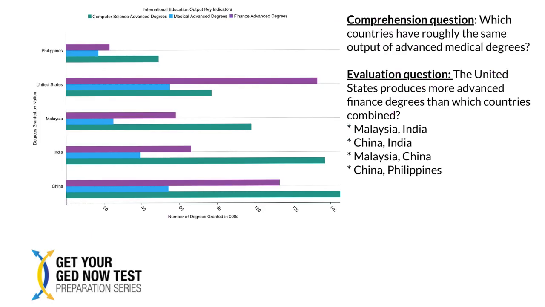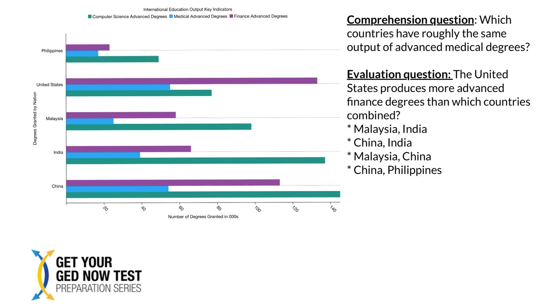So when you think about the GED Social Studies test, it is critical to know the kinds of questions that you're going to be asked on the GED. So on this slide, I'm going to review comprehension type questions and evaluation type questions. The first one is a comprehension question. A comprehension question is when you can simply read something or look at something, in this case, something in the chart, and find the answer directly. Can you read and comprehend?